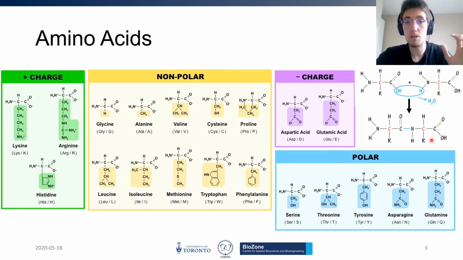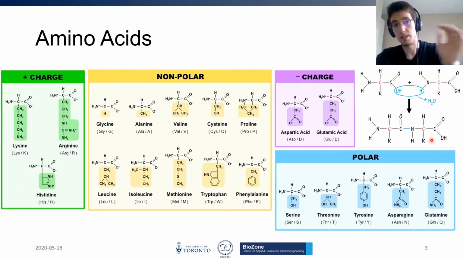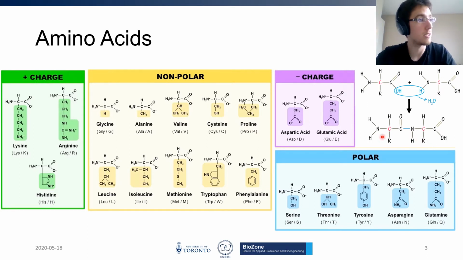Now, in order to make a protein, multiple amino acids are attached together via these peptide bonds to create a long chain, right? And you can see that some of these amino acids carry a positive charge in their R group, some carry no charge and they're non-polar in their R group, some carry a negative charge in their R group, and some are polar in their R group, right?